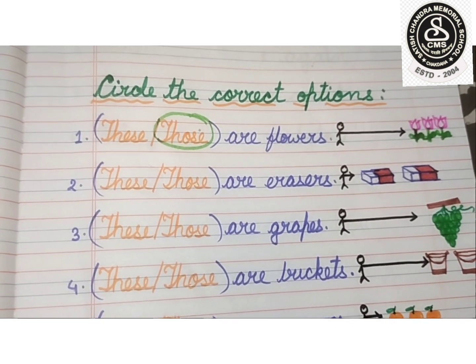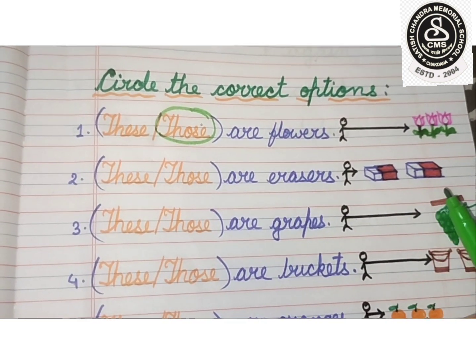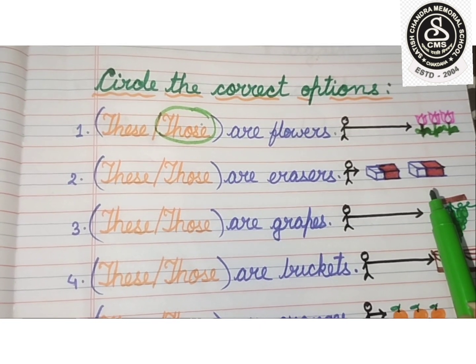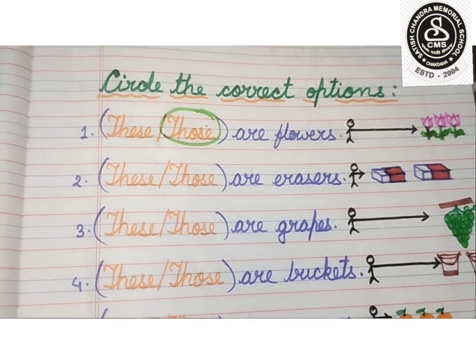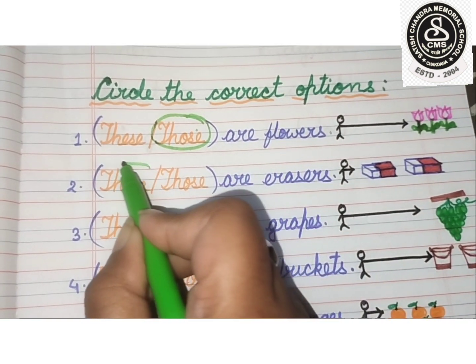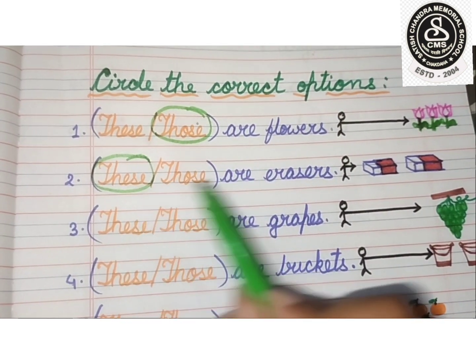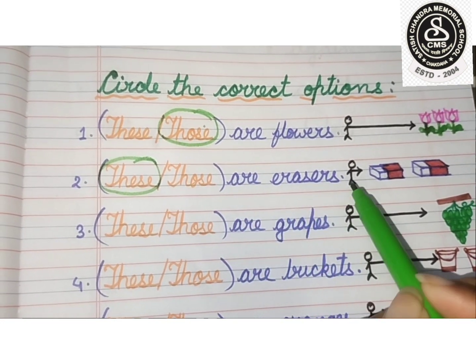Tell me. Yes, you are absolutely right. These erasers are near to the stickman. So which one is the correct option? These or those? Very good. Here the correct option is THESE, these. So we will circle these. These are erasers.